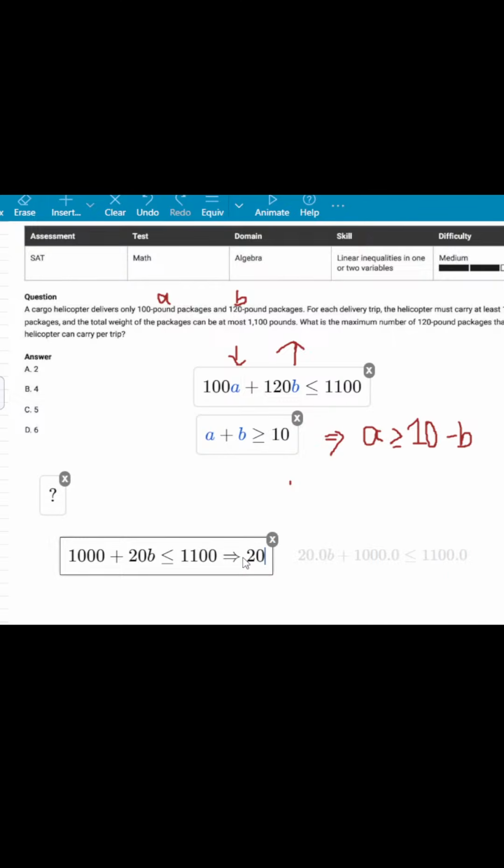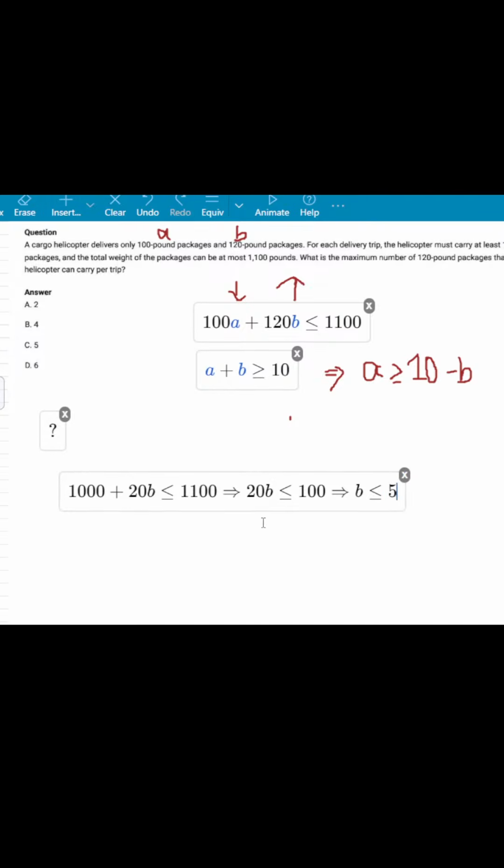So this is 20b less than or equal to, and 1000 goes that side, so 1100 minus 1000, which is 100. So we divide by 20 on both sides, so b is less than or equal to 5. So b can be at most 5.